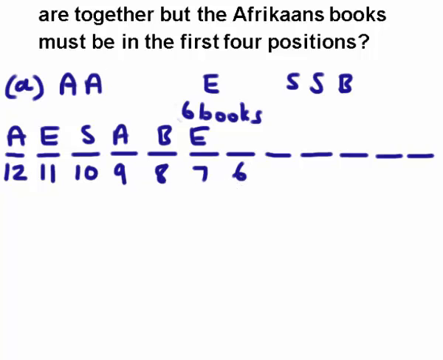Let's pick a science book and bring it in, and now we're left with 5 choices. Can you see that there are 5 possible books? So there are 5 choices for this position, and we might decide to take another Afrikaans book and put it into that position, which leaves us with 4 possible book choices.